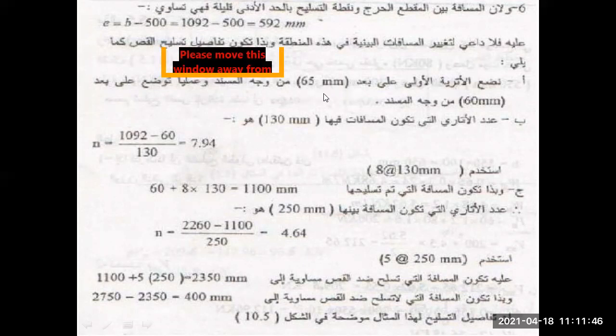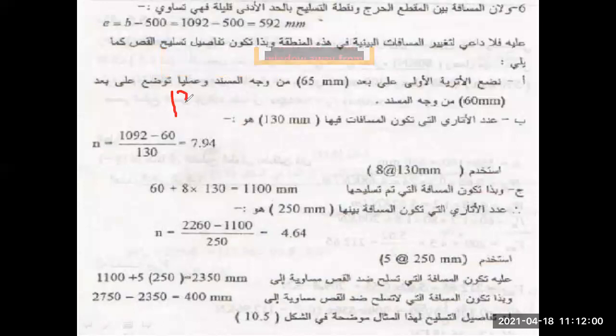Over here, for practicality, they just round it up or down to the closest. If the spacing is 133.5 over 2, you won't get a nice figure to be practically placed for the stirrups. So you will get something like 65.